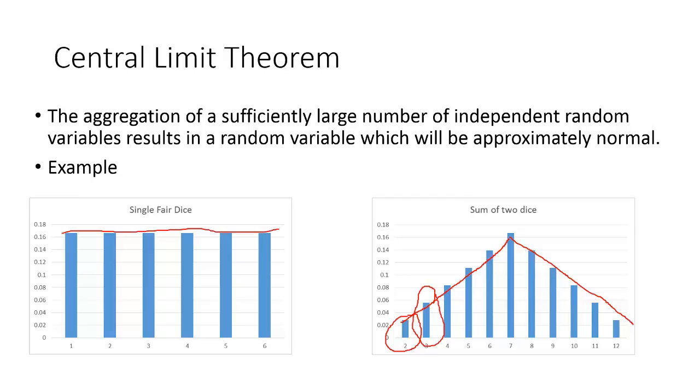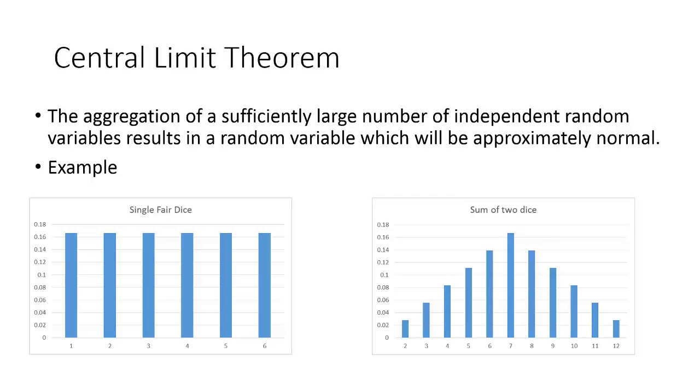And that should be fairly intuitive. For you to get a 2, you need to roll a 1 the first time and roll a 1 the second time. But there are many ways in which you can get 3, mainly 2. You can roll a 1 the first time and then roll a 2, or you can roll a 2 and then roll a 1. And that kind of keeps increasing till you hit the point at 7.